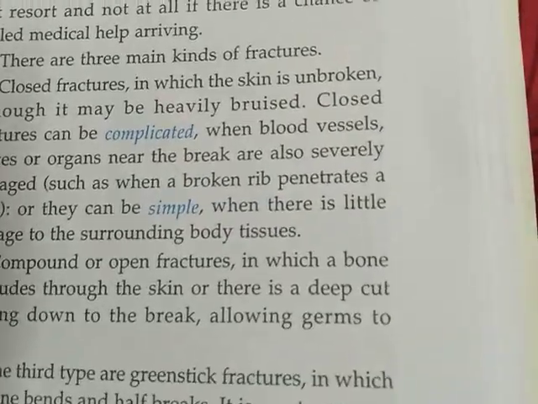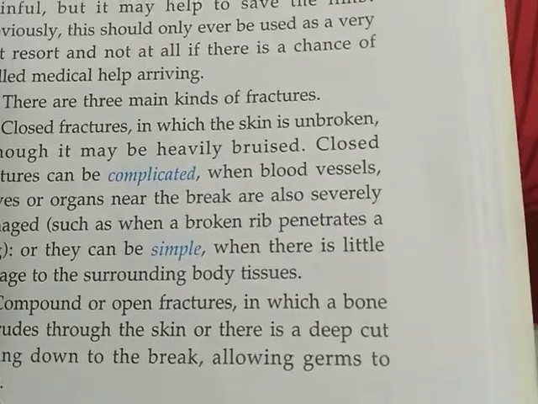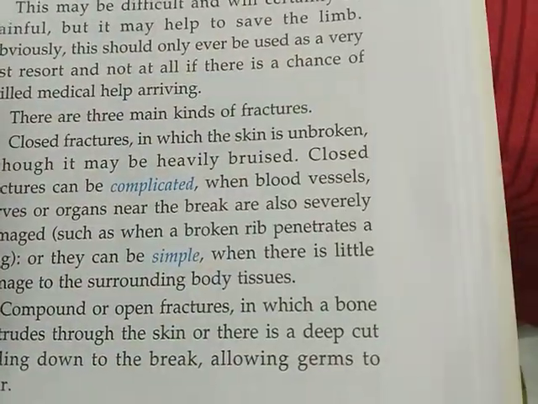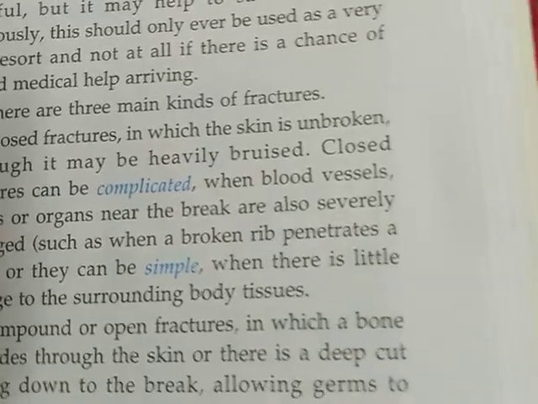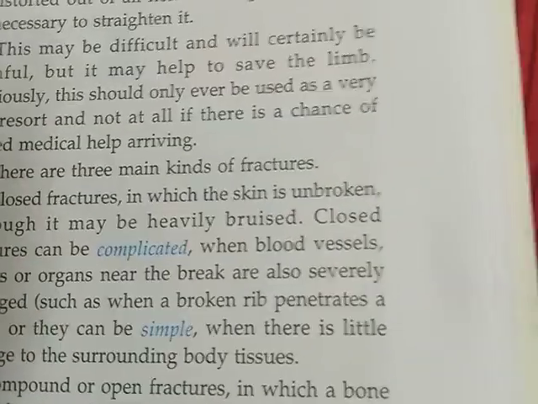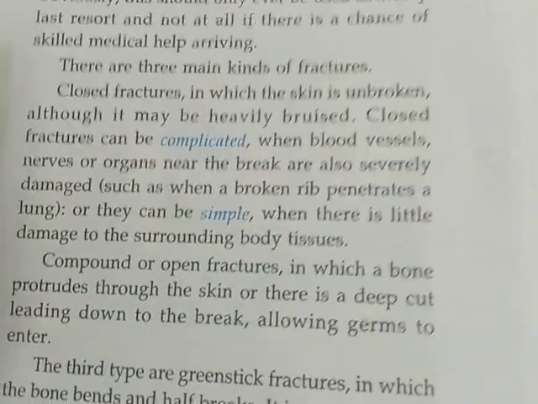When little damage is there, it is known as a simple fracture. When much of the surrounding organs and blood vessels are damaged, we can call it a complicated fracture.